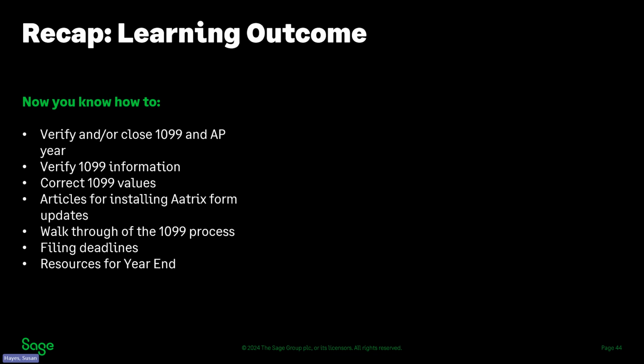There were the articles for the Atrix install and form updates and issues. We did a walkthrough of the 1099 process. We reviewed the filing deadlines and your resources for year end.